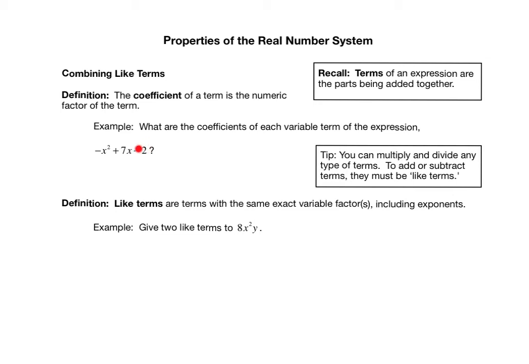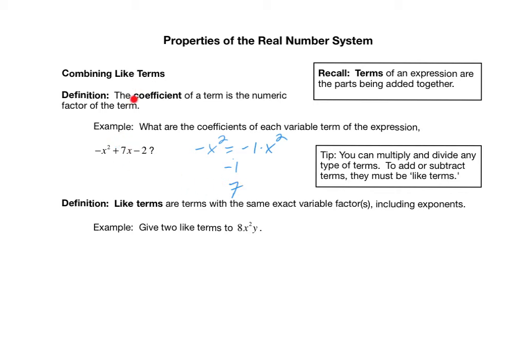This is not a variable expression, so we wouldn't be worrying about that, but this and this are. So the coefficient of the opposite of x squared, remember the opposite of x squared is negative 1 times x squared, is negative 1. 7x has a coefficient of just 7. Negative 1 is the coefficient of this term, and 7 is the coefficient of this term.